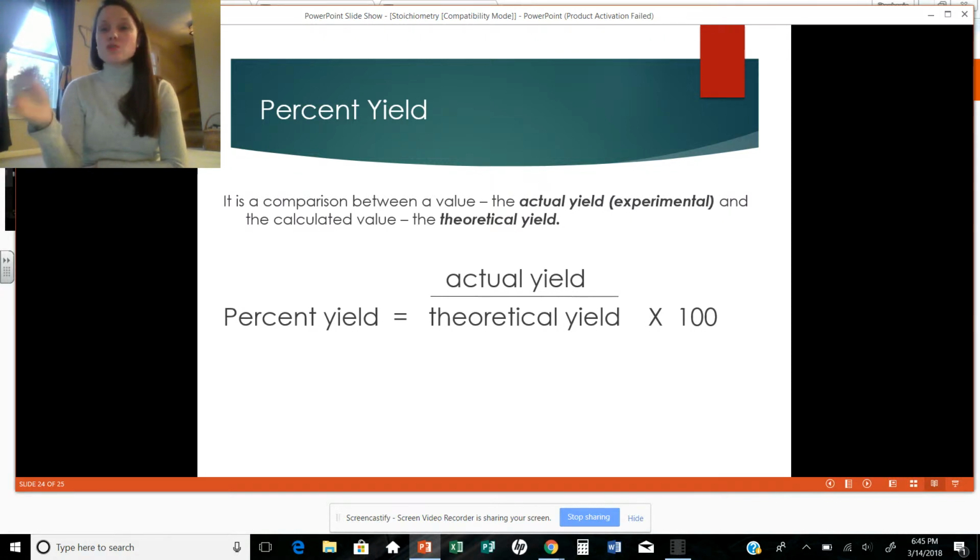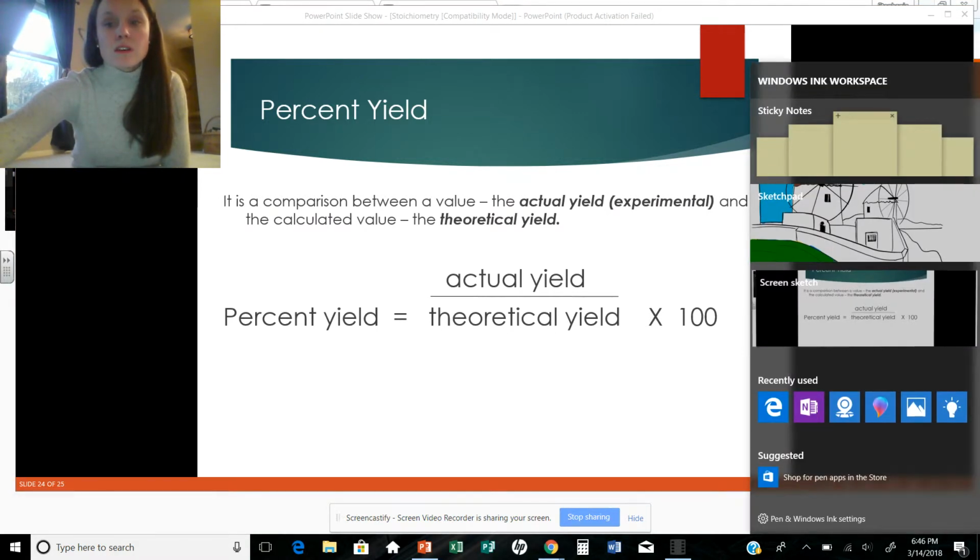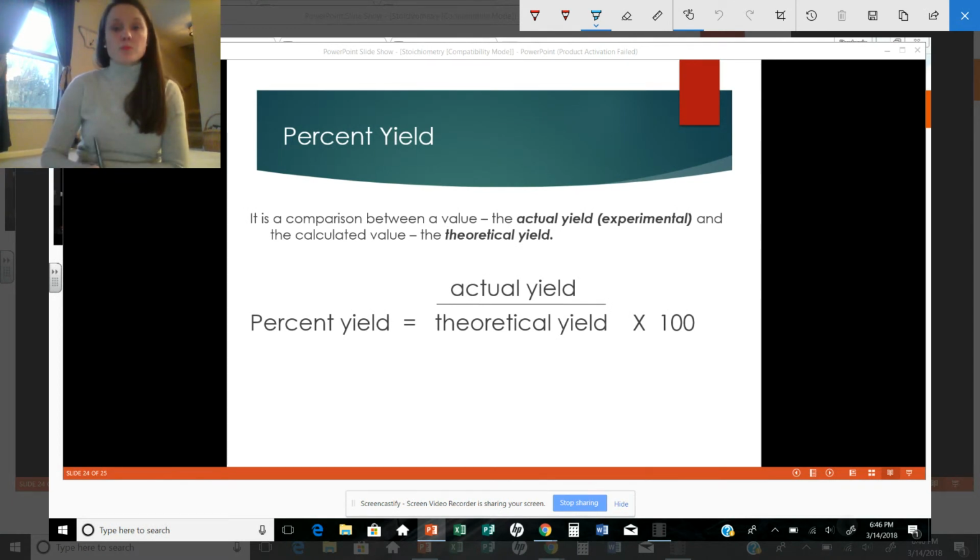Now, because these two numbers are different, there's a calculation you can do called percent yield. You take your actual yield, which is how much product you get from the actual experiment, what you actually measure out at the end. Then you divide your actual yield by your theoretical yield.